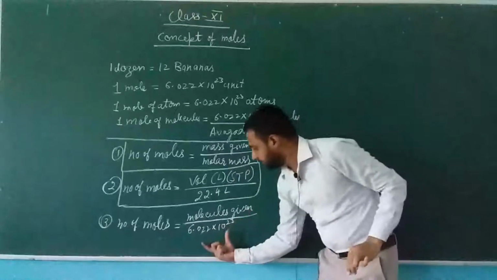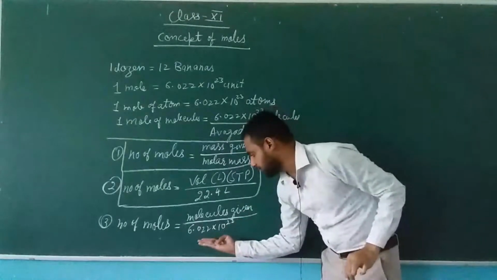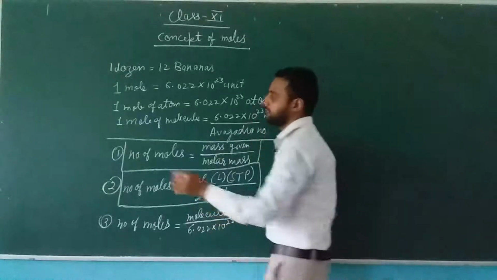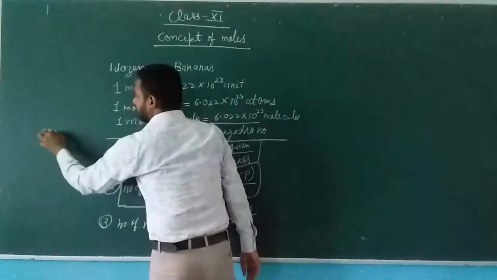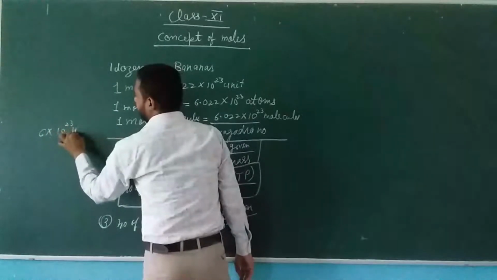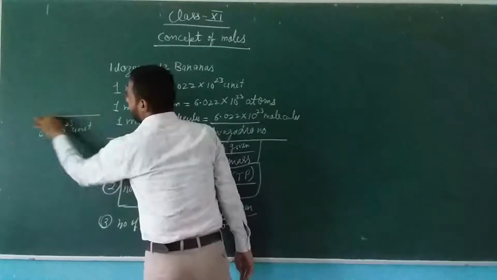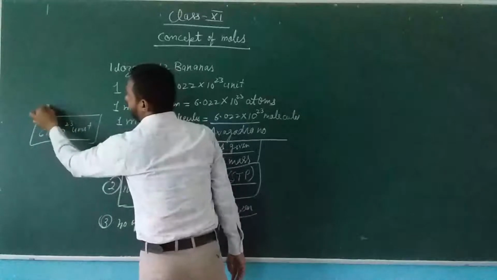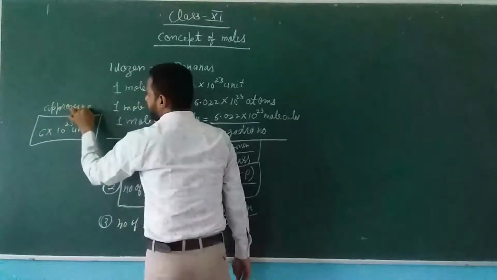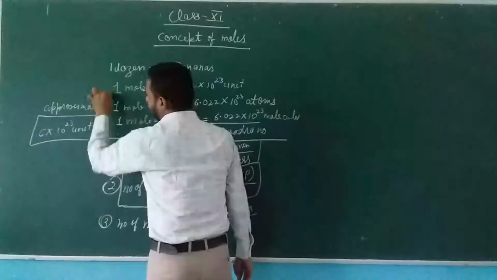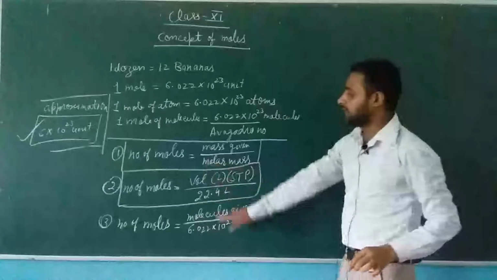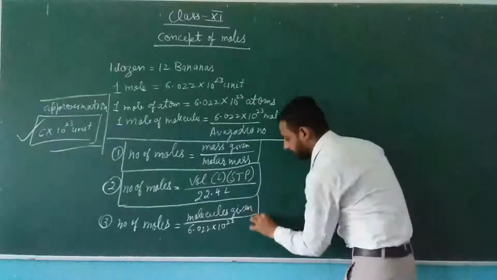Sometimes 6.022 into 10 to the power 23 can also be written as 6 into 10 to the power 23 units. When we use approximation, then we can write this Avogadro number like this. So by these formulas we can find out the number of moles.